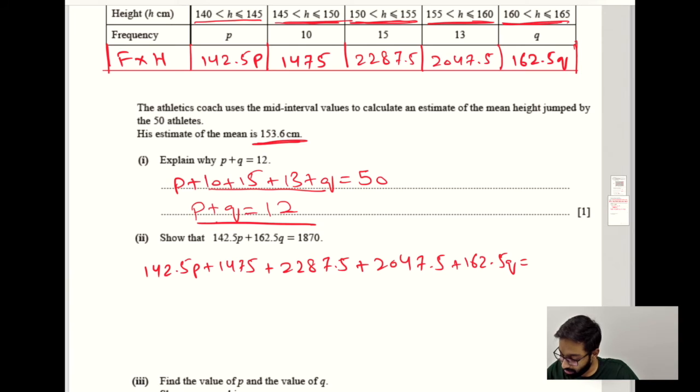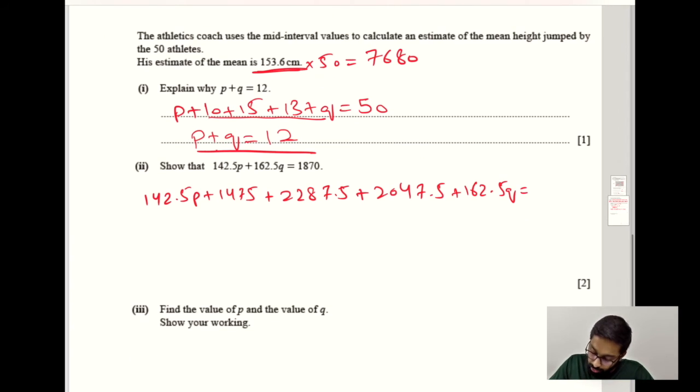So frequency is 50 multiplied by the mean 153.5. I should do this over here and we get 7680. So I write 7680 right here.